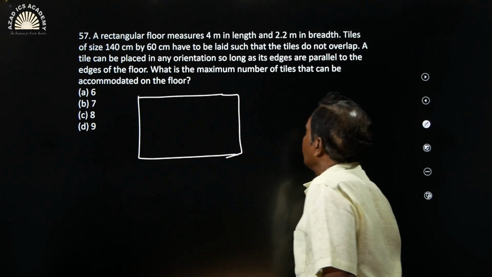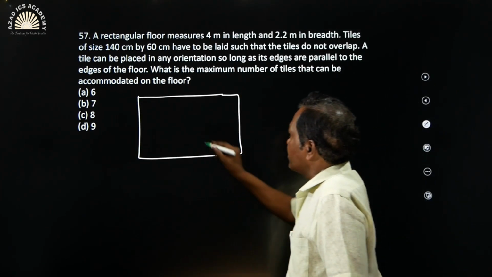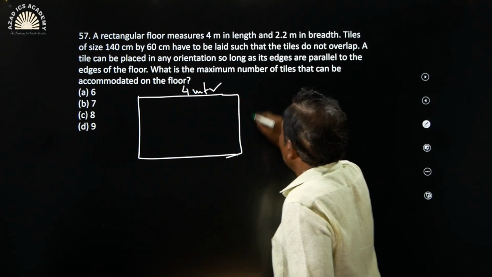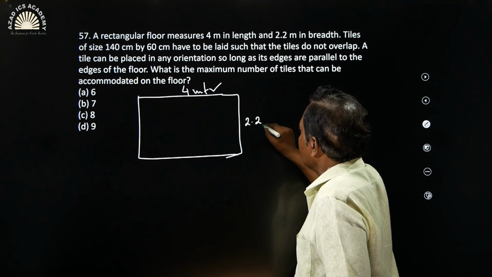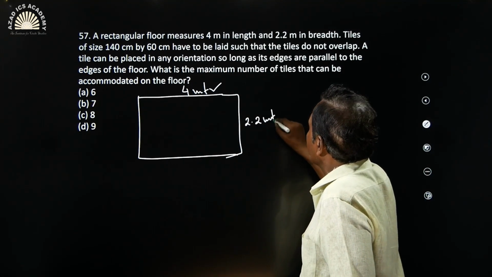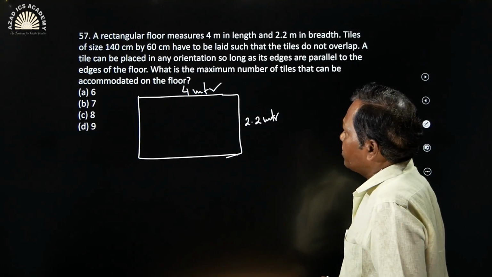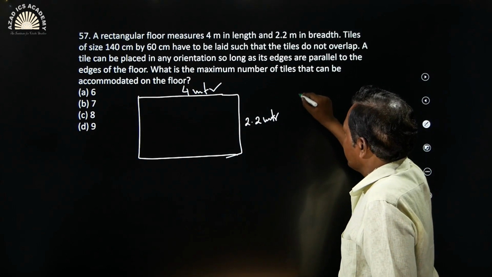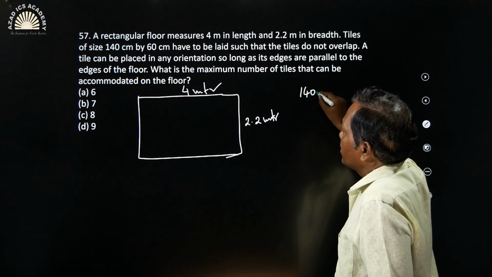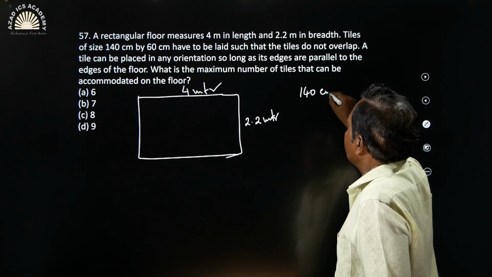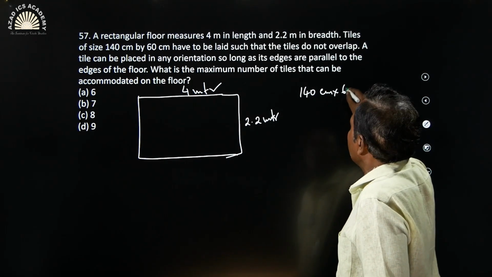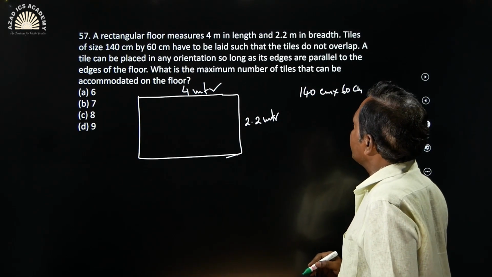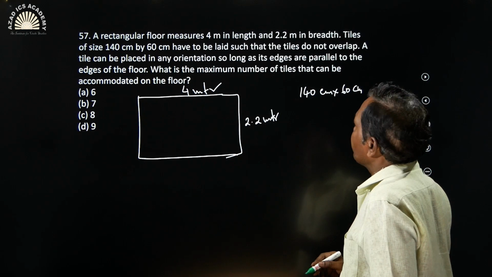Right. A floor measures 4 meters in length and 2.2 meters in width. Tiles of size 140 centimeter by 60 centimeter have to be laid such that the tiles do not overlap.